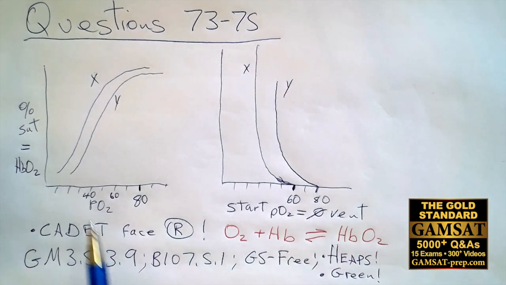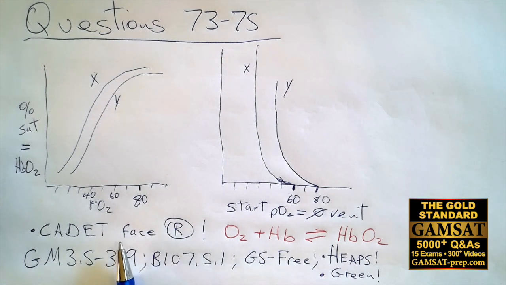And that means more hemoglobin is releasing oxygen to the tissues, which makes sense for a working, exercising muscle, or even for a mammal that has relatively higher metabolism, which would also shift to the right. All these types of circumstances can come up on the exam.